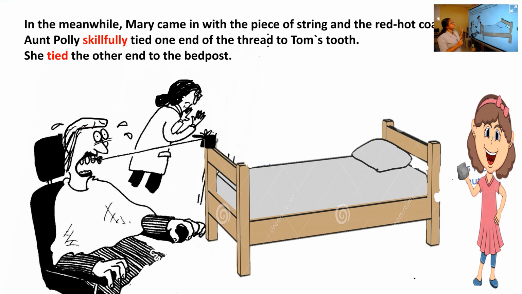She skillfully tied one end of the thread to Tom's tooth and she tied the other end to the bedpost. Okay, so now the real drama is going to take place. He is going to be caught. Mary is here and what does she have? She has a piece of string and the red hot coal.